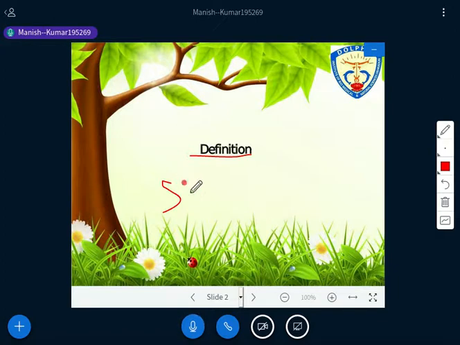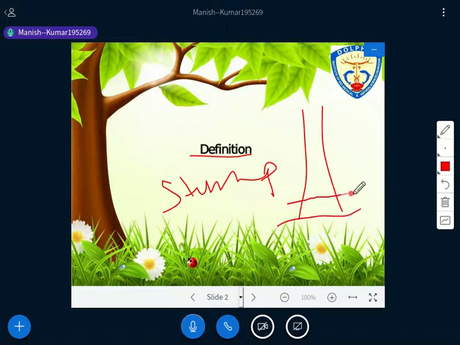As we have all studied, stump is a very general term. Stump means, when we have a tree and the tree has been felled from a particular part, the small portion where the root is still attached to the ground is called a stump. This is the whole tree.